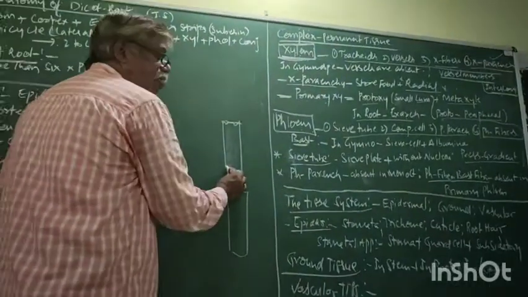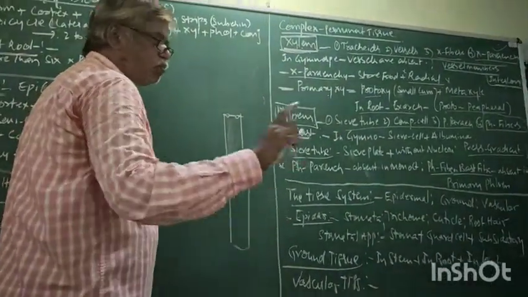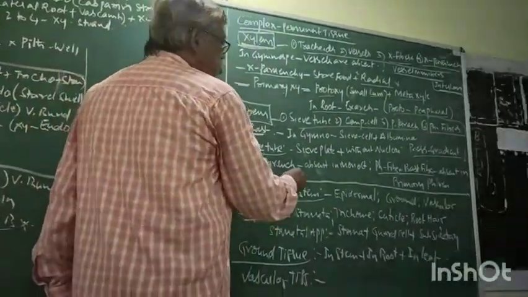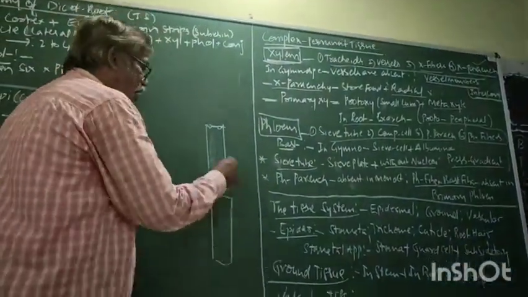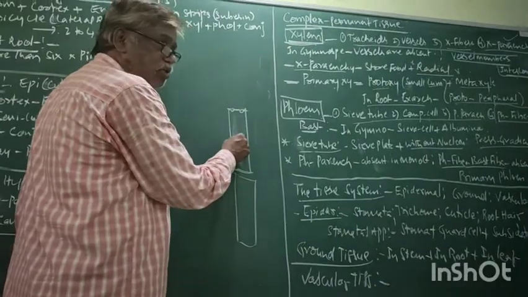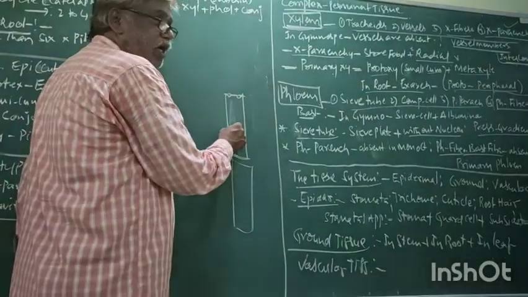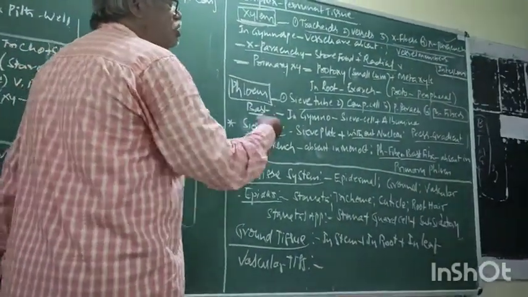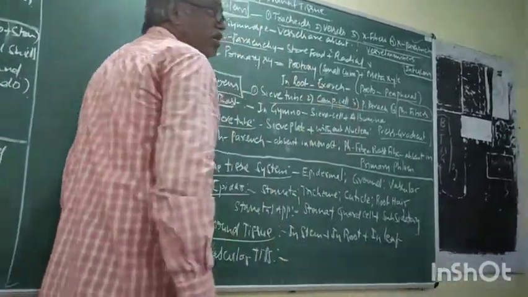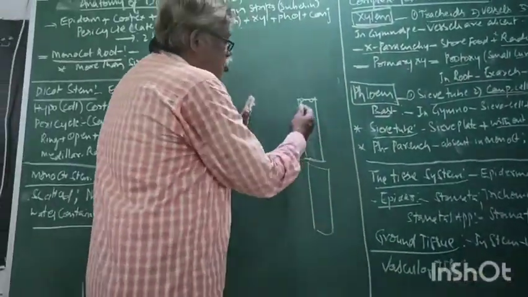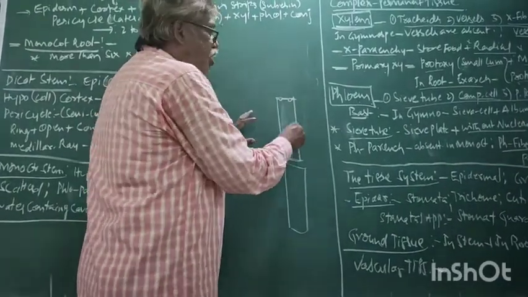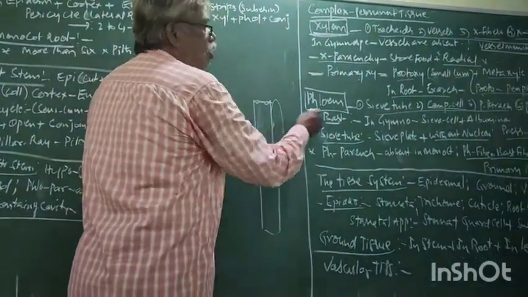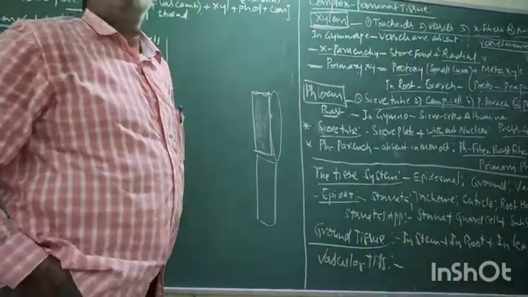Cytoplasm is the most important. Sieve tubes are without a nucleus. Hence, the function of the sieve tube depends on the companion cells associated with it. That means where the sieve tube is, the neighboring cell is a companion cell.